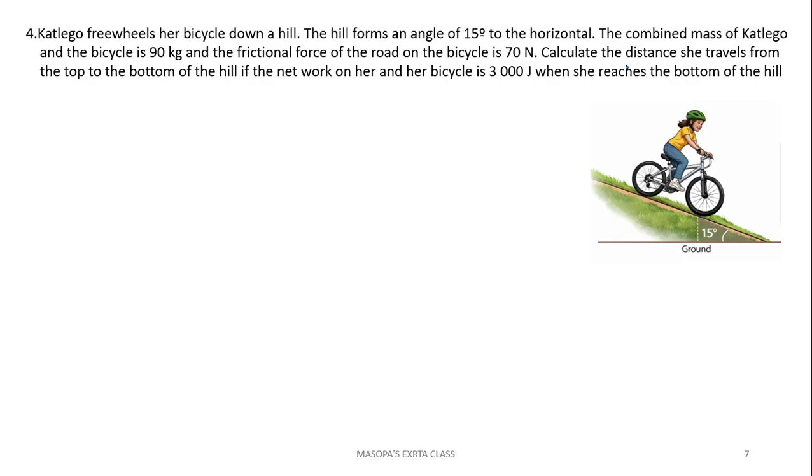Now we must calculate the distance that she covers while she goes to the bottom of the hill, if the net work on her and her bicycle is 3,000 joules when she reaches the bottom of the hill. So we can see that you are given a net work of 3,000 joules.